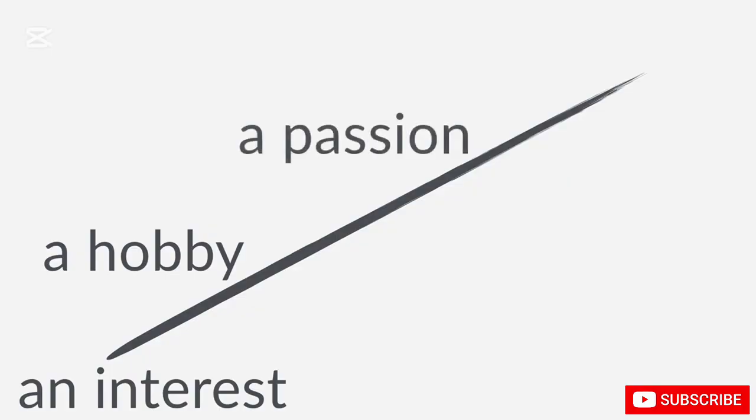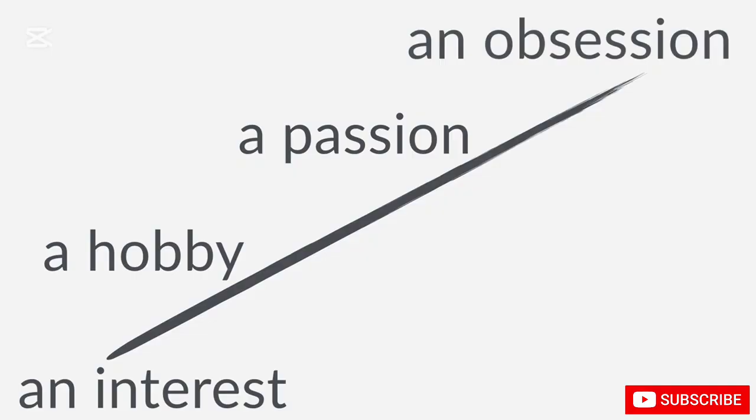A passion, though, is much bigger than a hobby. It's something that you do a lot, maybe every single day. You absolutely love it. It's a passion. And sometimes a passion can take over your life and you do it 24 hours a day. And that's an obsession.